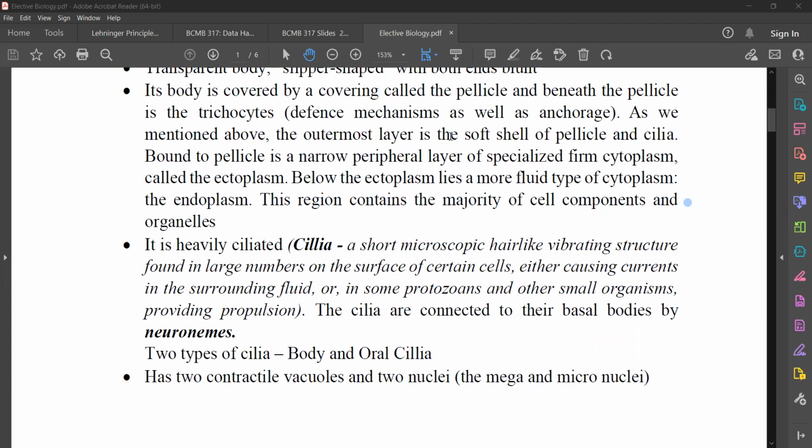First of all, I told you that these organisms have a transparent body, so they basically wouldn't have a color per se. It depends on the dye or the stain that you use in preparing the slide. That would determine the color of the cilia that you see. And these are very small. The whole paramecium is 0.22 millimeter.